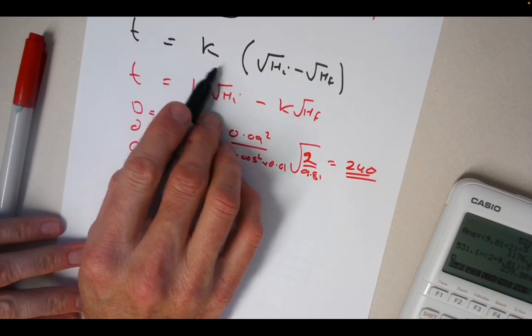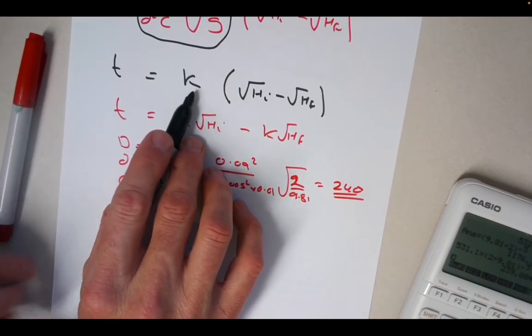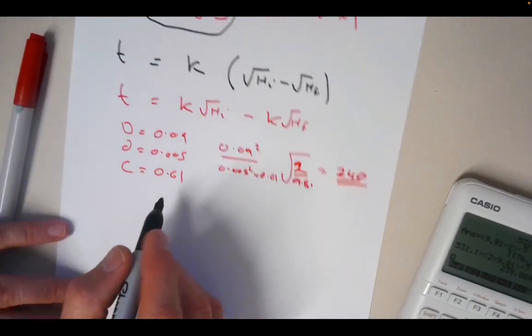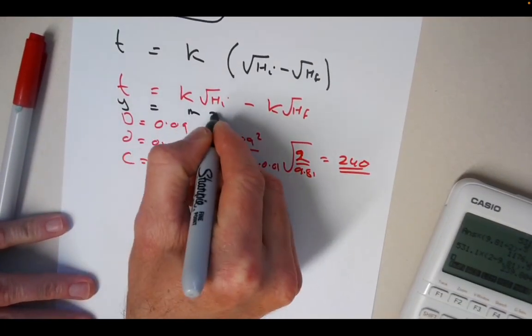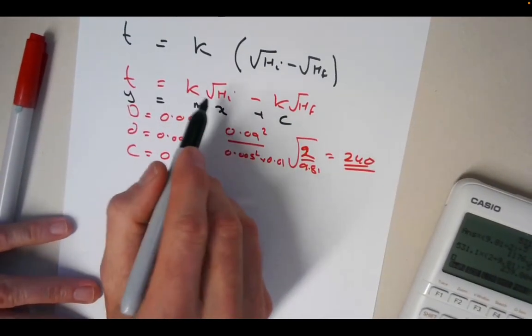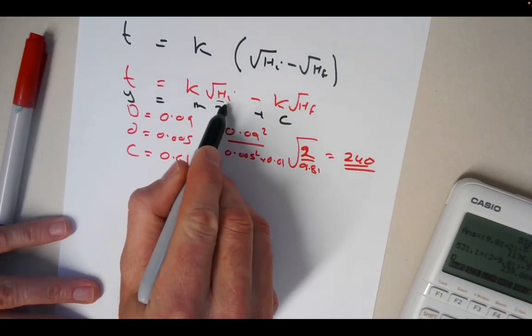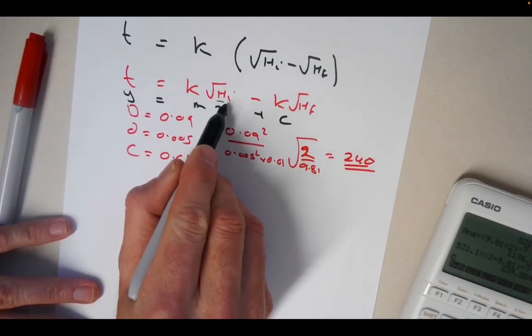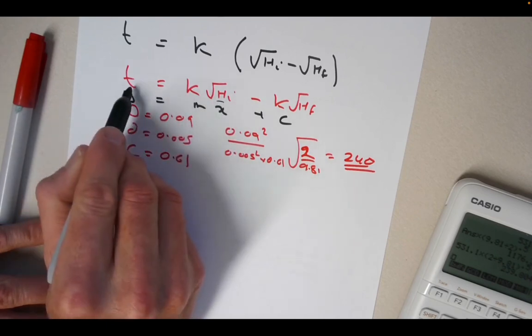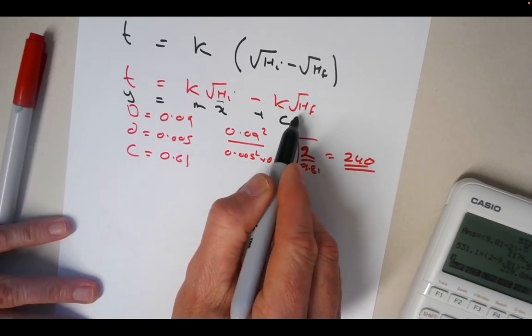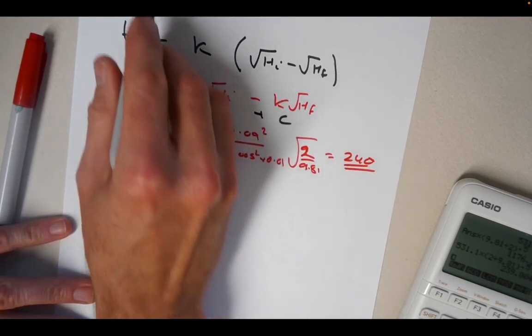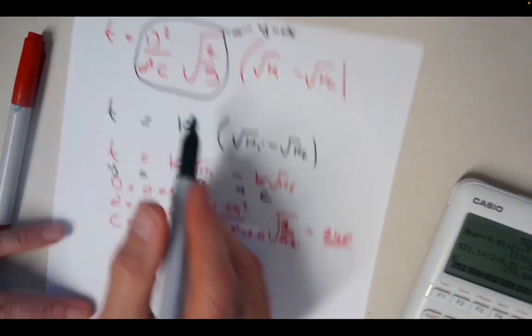So the theoretical k value, or in this case, if we were to graph this, if we put underneath here y equals mx plus c. Now, very quickly, I hope you realize that the hi is your independent variable, and the dependent variable is time, and hf is another constant. So we've got this k constant, which has all these other constants up here.